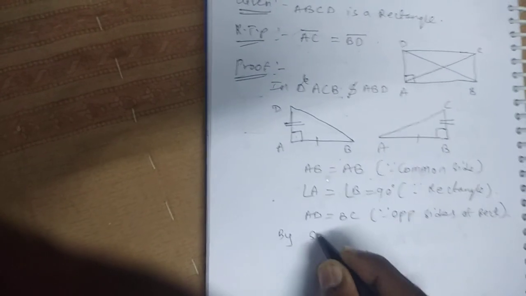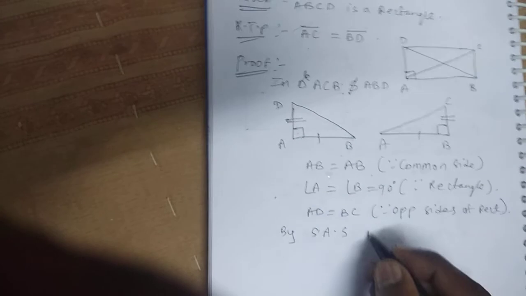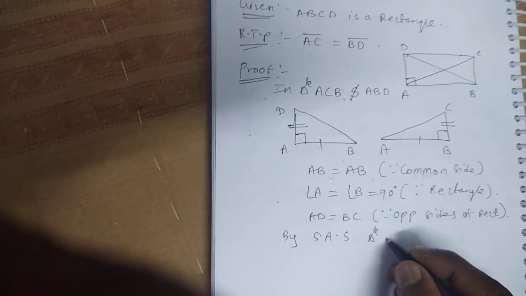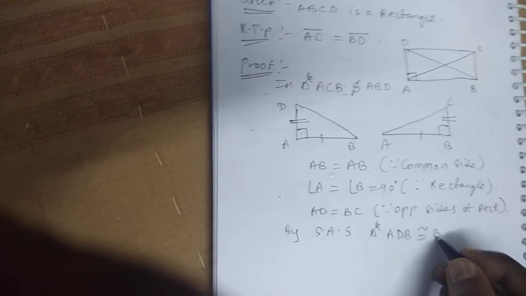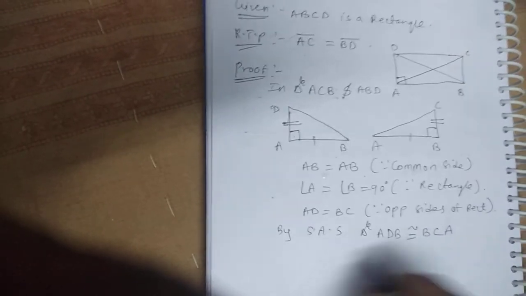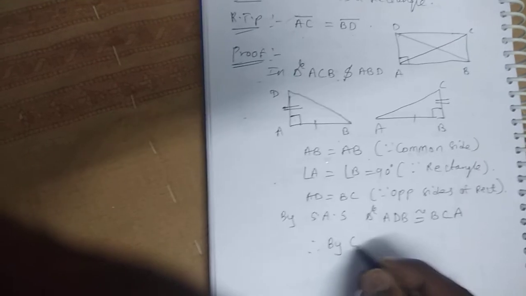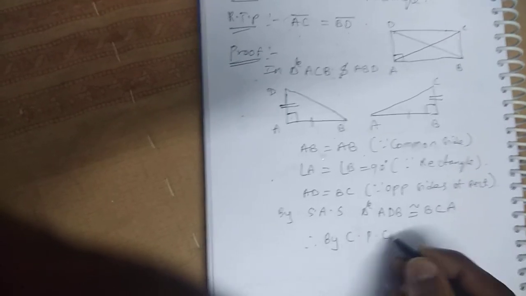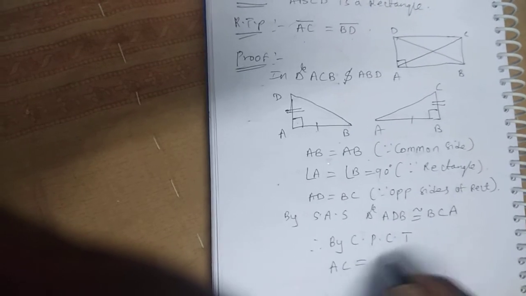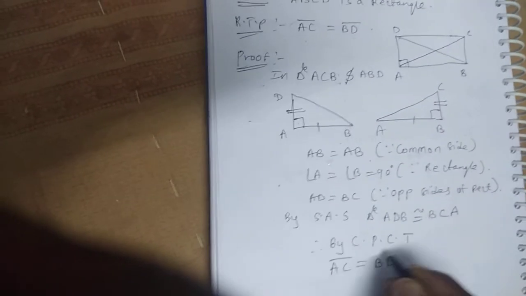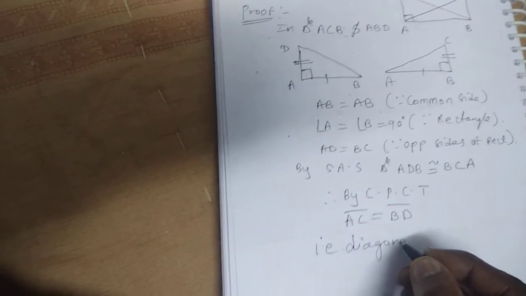by SAS I can say that triangle ADB is congruent to triangle BCA. These two triangles are congruent. Therefore by corresponding parts, CPCT, I can say that AC is equal to BD. That is, diagonals are equal.